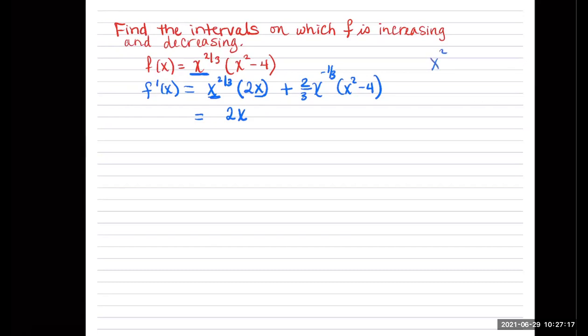What do we do with those exponents when we're multiplying? Yeah, that would be x to the 5/3. And over here, I have 2 times x squared minus 4 over 3 times x to the 1/3.